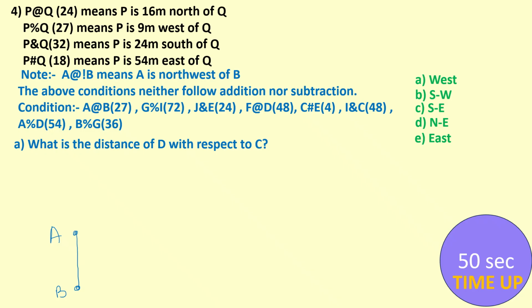So A at B means A is to the north of B. So how much meter? Just now we have found out, right? So 18 meter, correct? Don't look at this, because just now what we have found out is the distance that we need to take. Okay. Next, G percent I means what? G is to the west of I, correct? G is to the west of I.